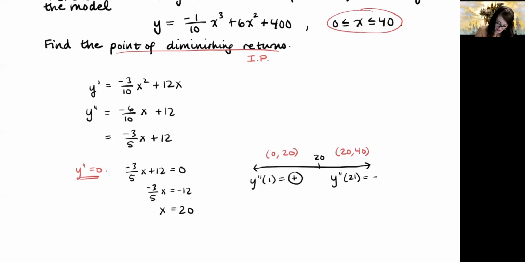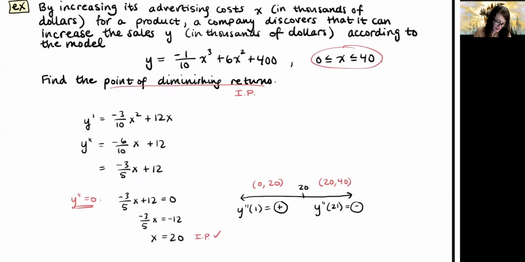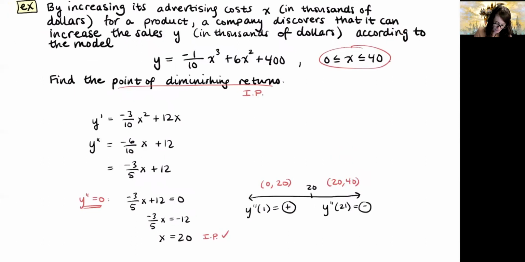And that comes out to be a negative number. So it actually does change concavity there. So this is indeed an inflection point. And so let's answer the question. The point of diminishing returns is when x equals 20. So this would be when they spend $20,000, because x is measured in thousands, on advertising.